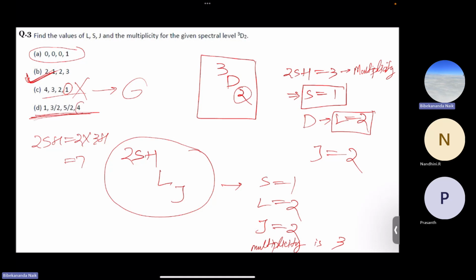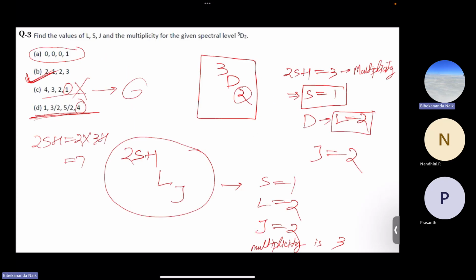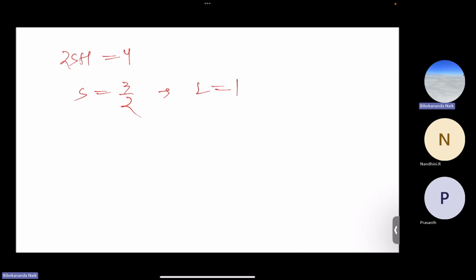Because here the multiplicity is 4. Now, multiplicity 4 means 2S plus 1 is 4. So S is 3 by 2 and L is given as 1. So J will be 1 plus 3 by 2, and mod of 1 minus 3 by 2, so it will be 5 by 2 and 1 by 2.